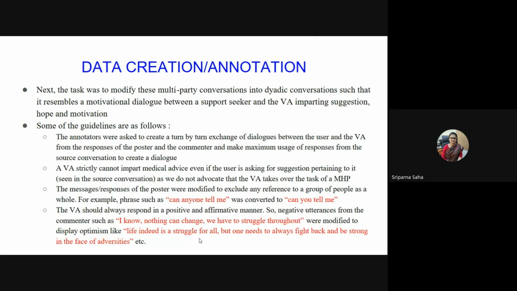So the guidelines are as follows: the annotators were asked to create a turn-by-turn exchange of dialogues between the user and the VA from the responses of the poster and the commenter, and make maximum usage of responses from the source conversation to create a dialogue.